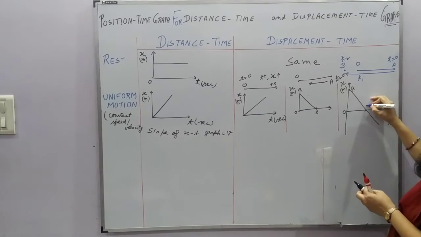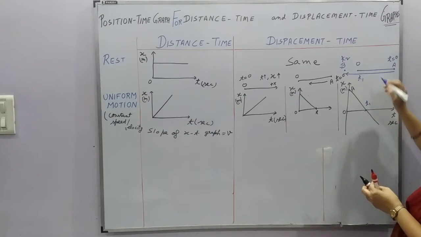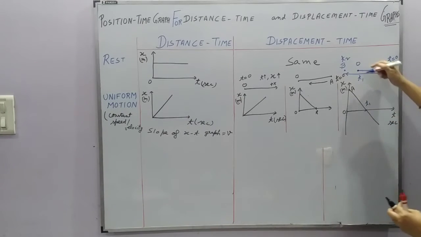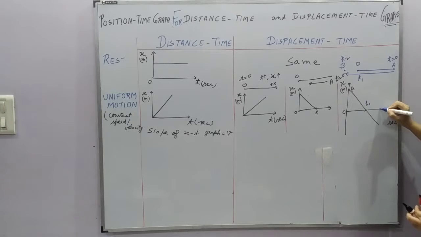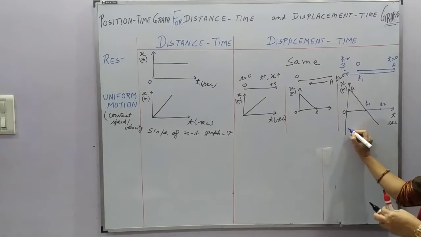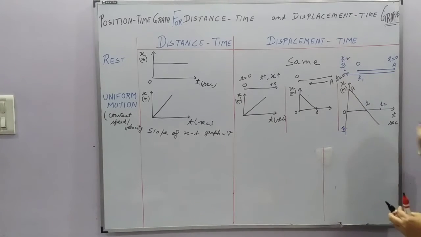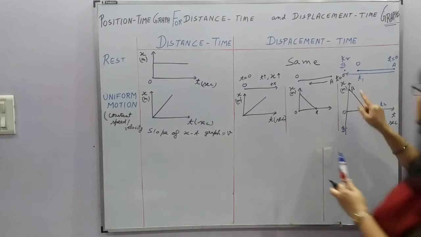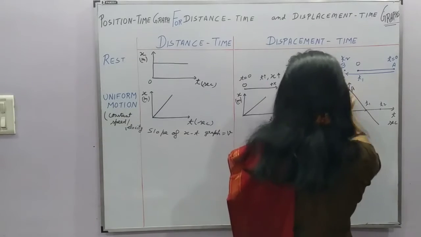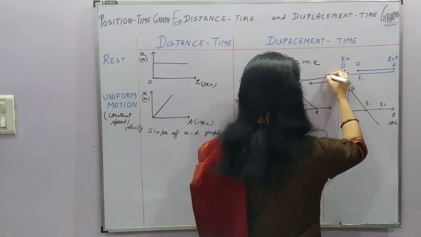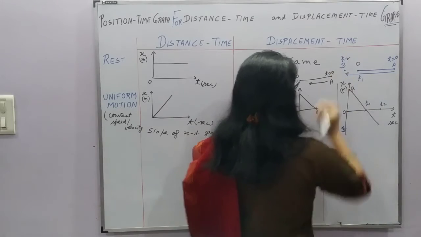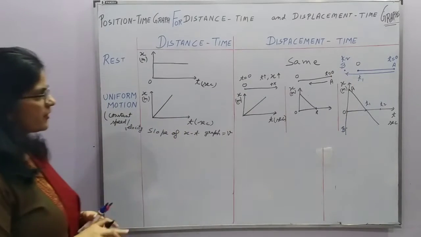And here at t1 it crosses origin, and at t2 it is at this point which is B. I hope this is clear. This t is equal to 0 is for the previous case here. This is t is equal to 0. I hope the difference of the graphs is clear.